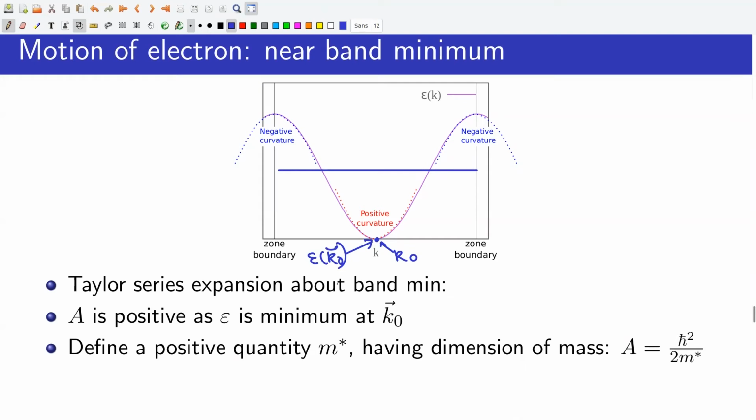As we did before, we expand E of k about the minimum point k0 using Taylor series expansion. So we write E of k as E0. This is the minimum energy, and as we go away from the point k0, energy increases quadratically.